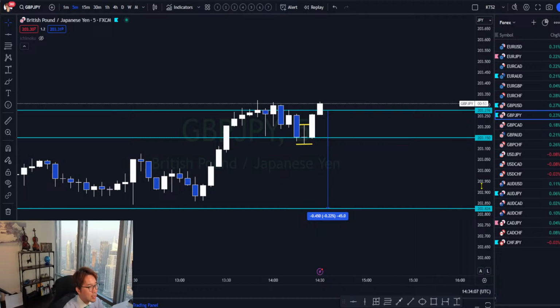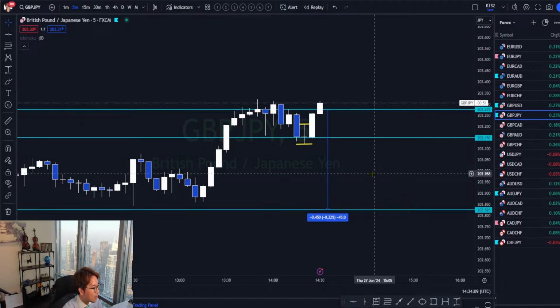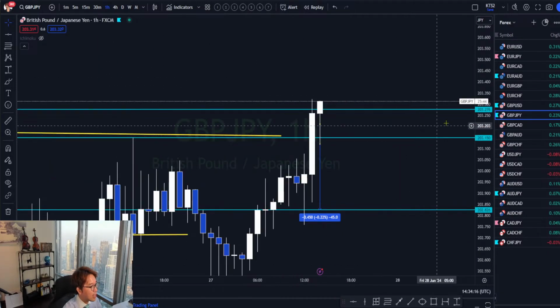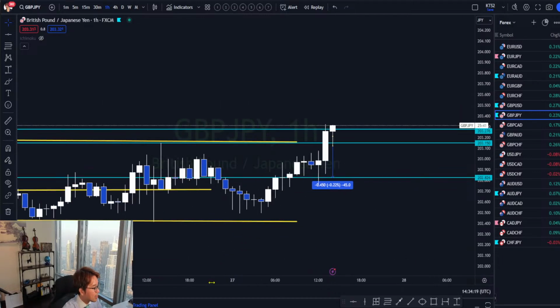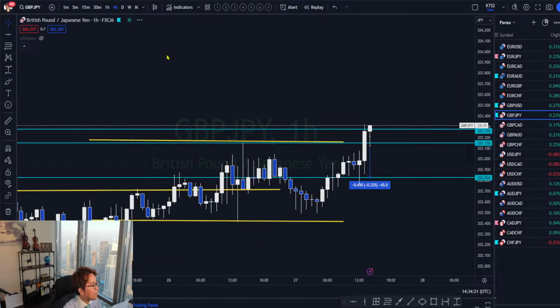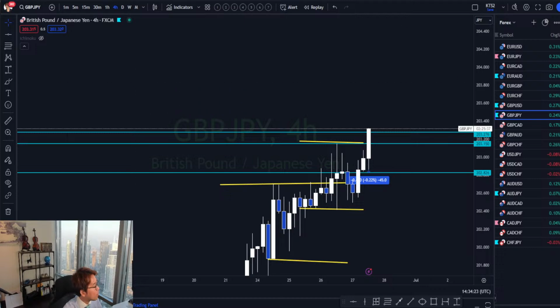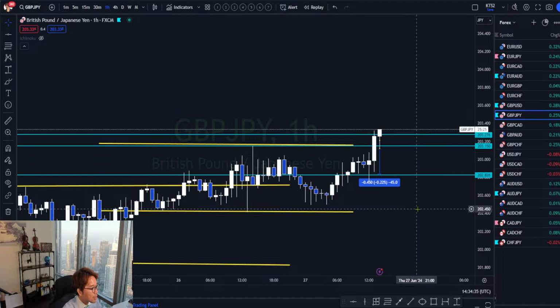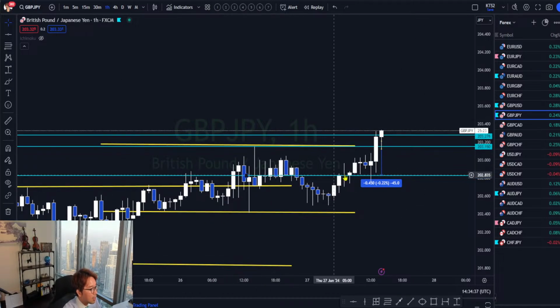So yeah, let's see how it goes. So again, we've confirmed on the 4 hour time frame that there was a huge doji breakout just happening right now, and on the 1 hour there was also another breakout.